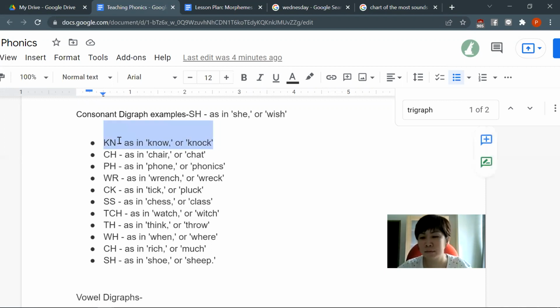Okay. So we have KN. These are consonant digraphs. These are common in English. So these are different than consonant clusters because they make one phoneme. You know what I mean by that? Okay.